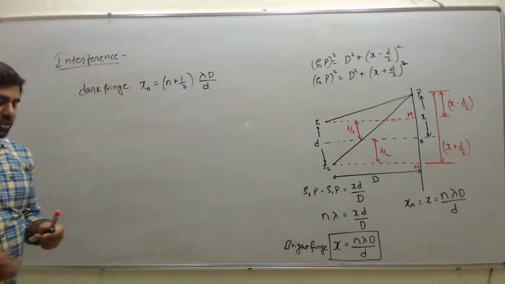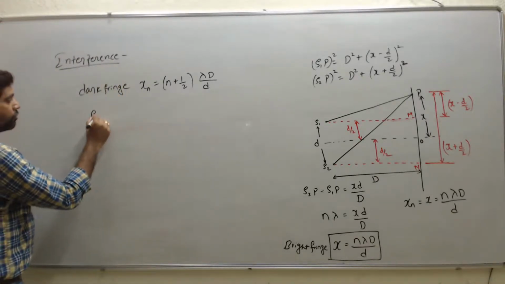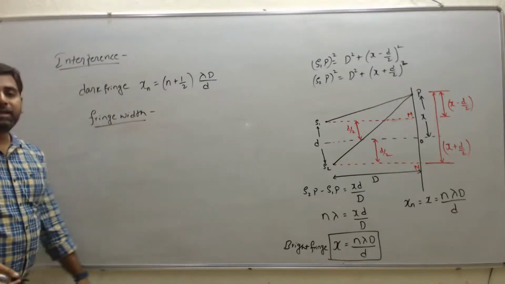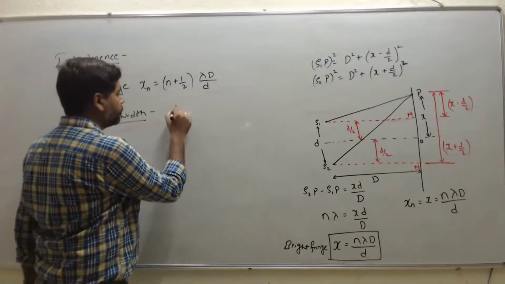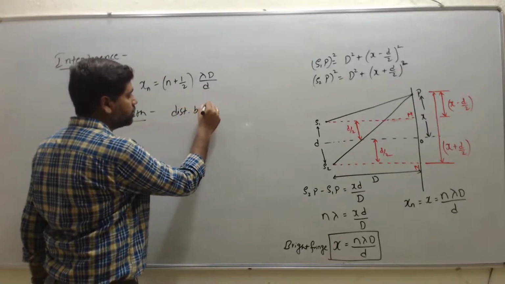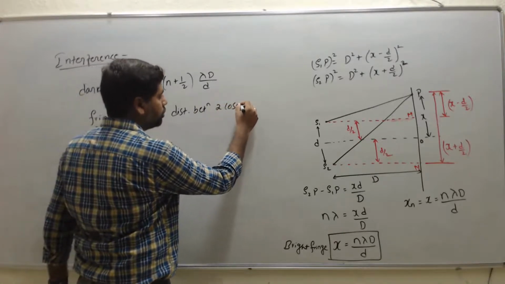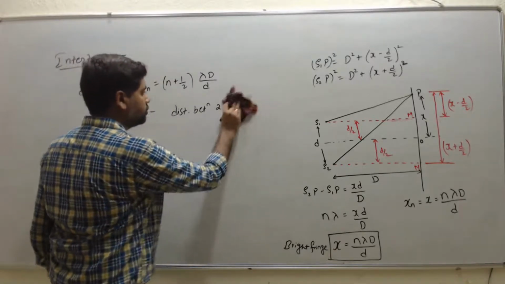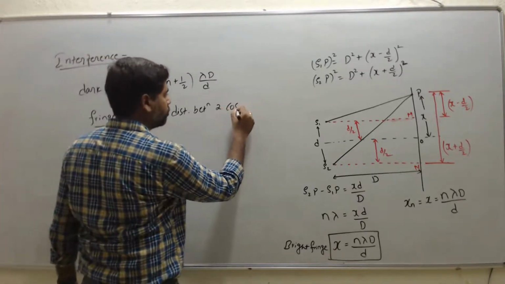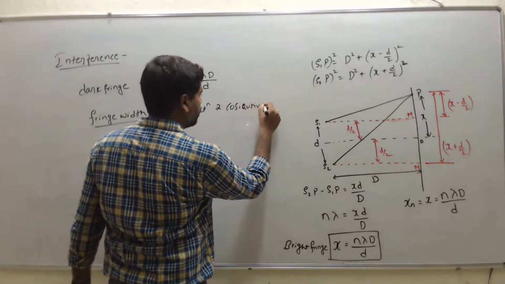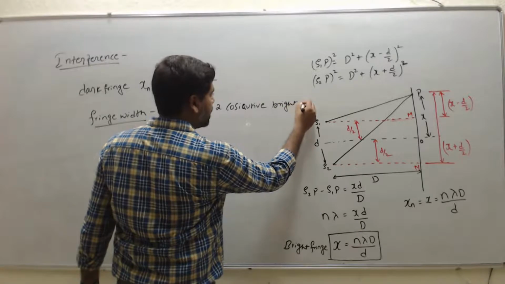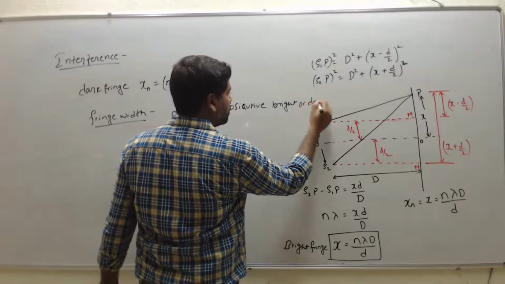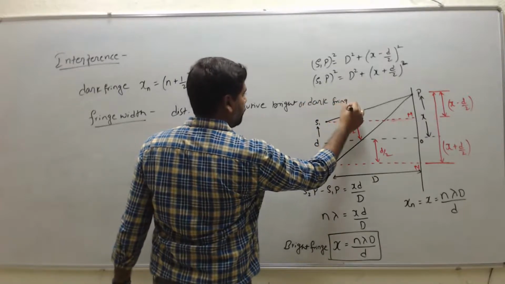Next is the fringe width. The distance between two consecutive bright fringes or dark fringes, that one we call the fringe width.